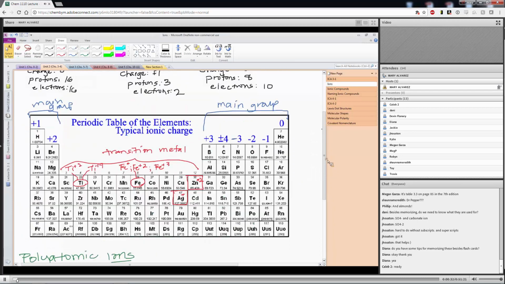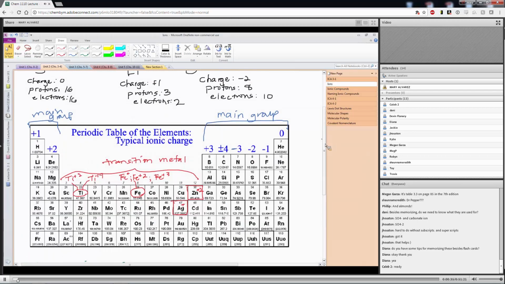But let's look just at our main groups for a minute here. Generally speaking, on the left-hand side, in the metals, we have a whole bunch of positively charged ions, and here's our little break between metals and nonmetals.